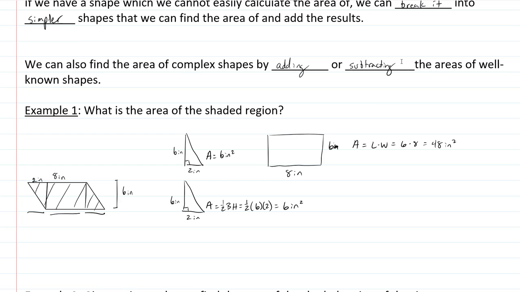Adding all of the areas together, we get our final total. So the area of one triangle plus the area of another triangle plus the area of the rectangle. In total, this ends up being 60 inches squared. Is our final answer.